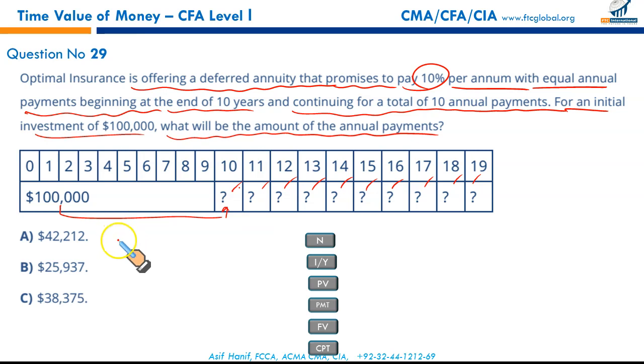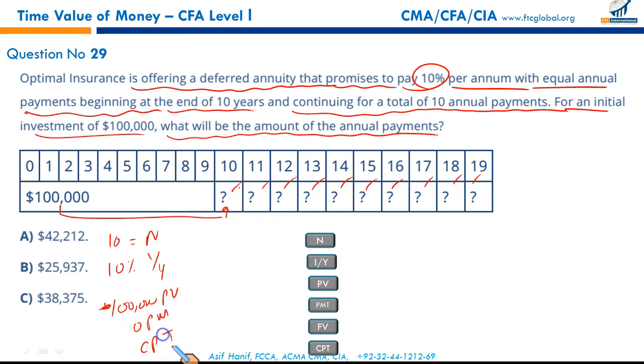So a single payment for 10 years at 10% rate. You're making a payment, so it's an outflow, $100,000. It's PV, no payment. So what will be the future value?